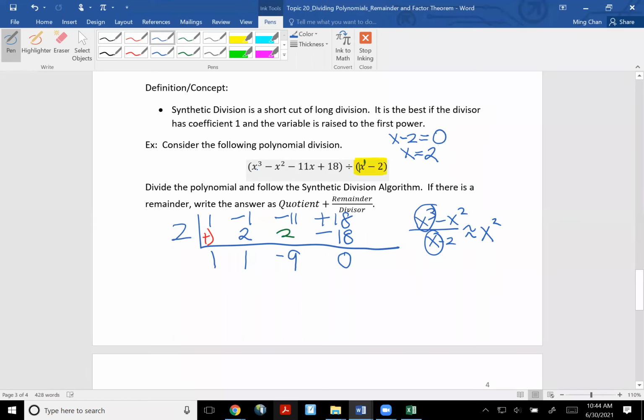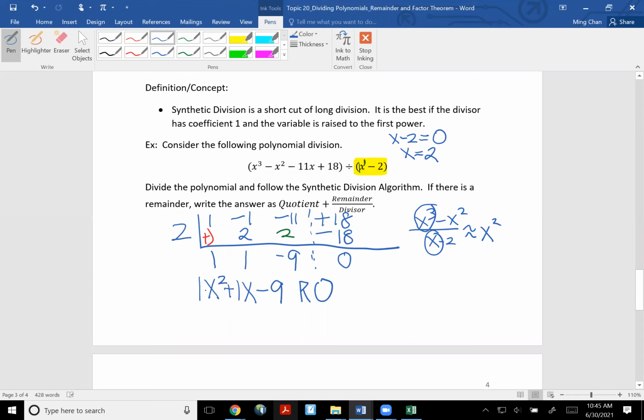So this first quotient term is no longer x to the third. It's actually 1x to the second power. The next term is really positive 1x. The next term is negative 9, which is a constant term. That means this 0 right here at the very end of my synthetic division is actually the remainder.